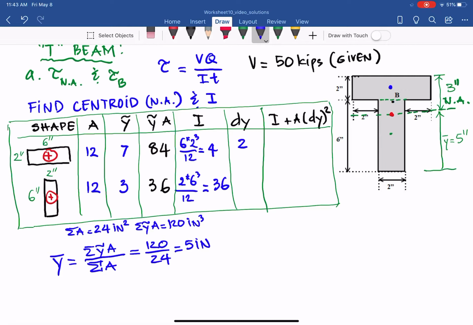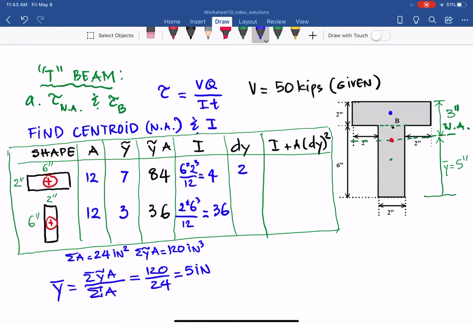And the next is the dy for the shape in the web. Also from the neutral axis, the red dot, let me put another color, a black dot there, to the centroid of that shape.